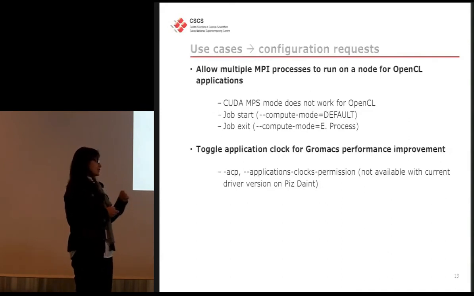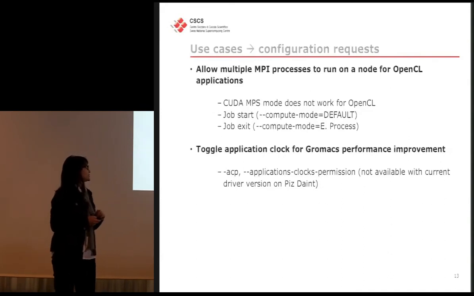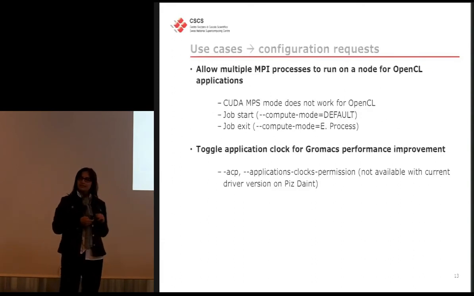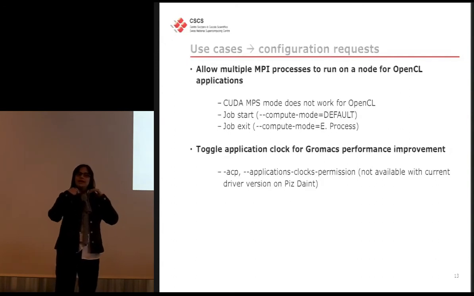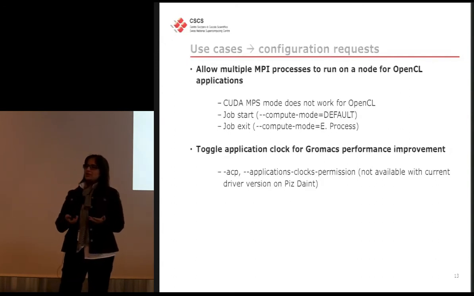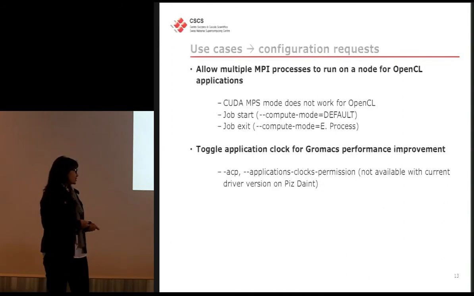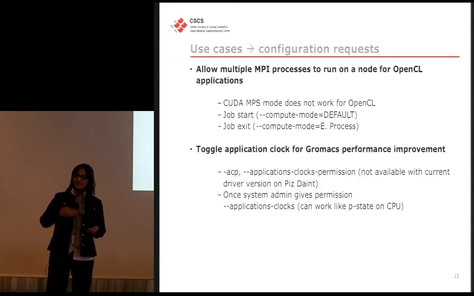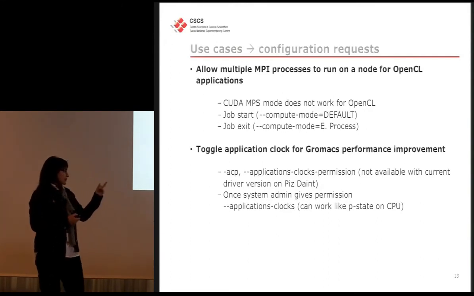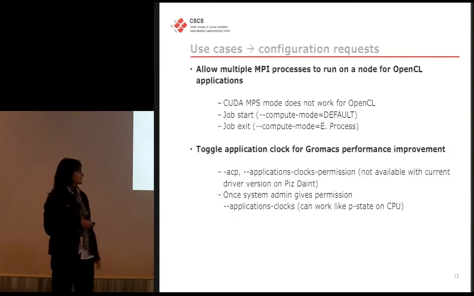In the later version of the driver, not the current version we have on the system, we have two flags we can play with. The first one is for a sysadmin giving permission to a user to change application clocks, and once the user gets the permission, they can request the clock that they would like to, and on exit, of course, we go back to the default, or the user can reset the clock. So this is what we would like to do.